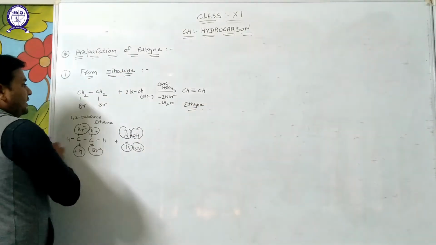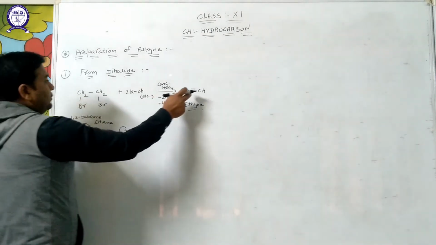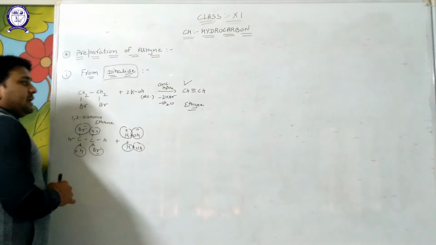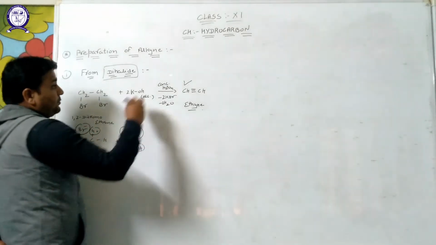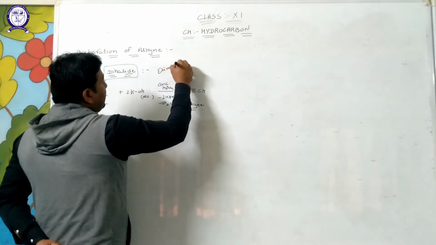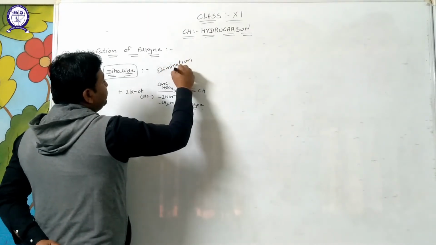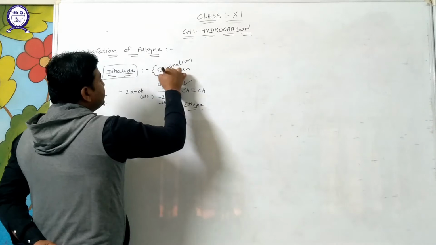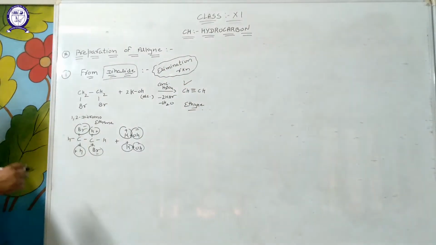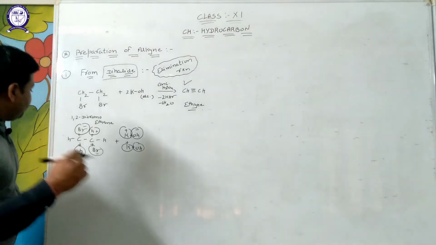It means the molecule converts from single bond to triple bond. From a dihalide we get an alkyne, and this reaction follows the process of elimination reaction.